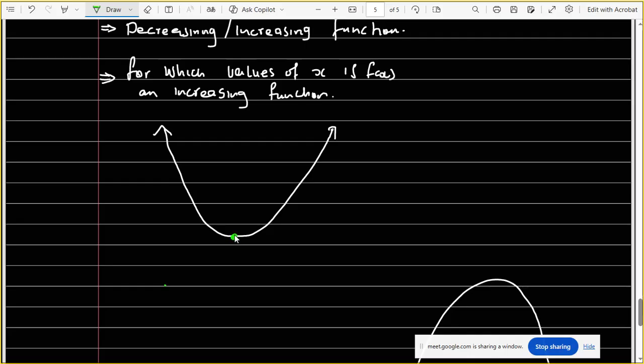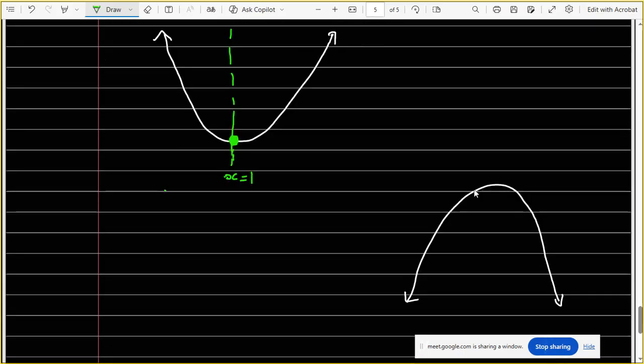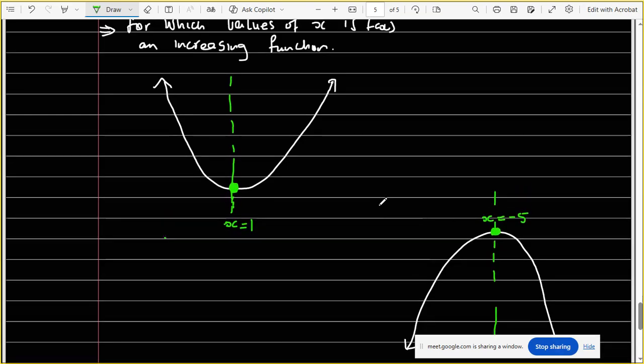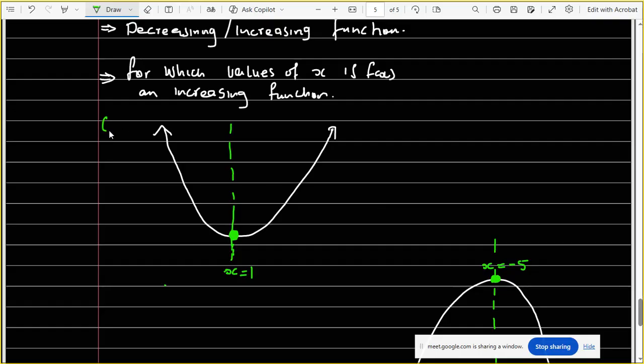Just know that the concavity changes at the x value of your turning point. So I'll assume that this x here is 1, and then let's assume that this x here is -5. So the x value of the turning point this side is -5. For that one, let's say it's 1.